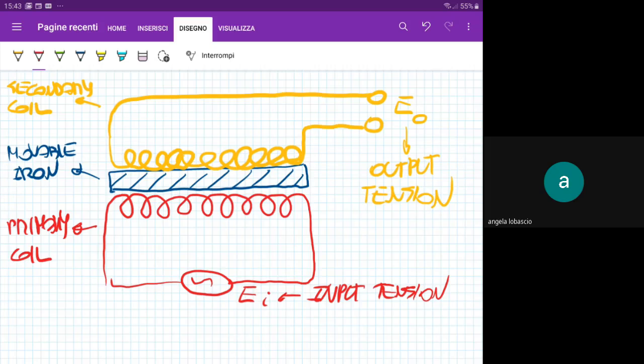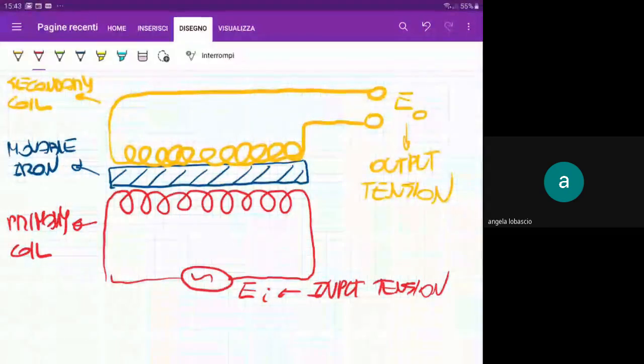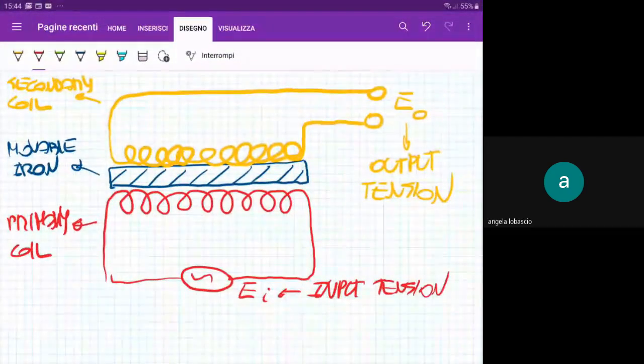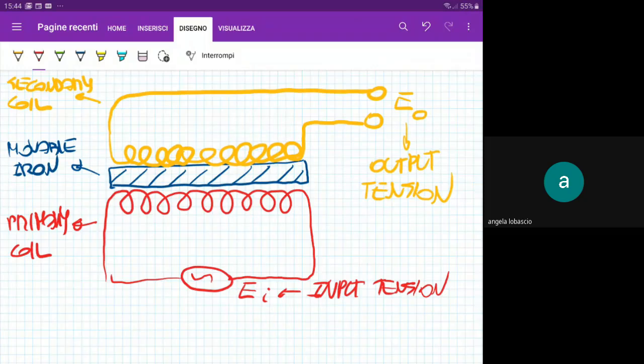So just by measuring the output tension, we measure how much voltage is energized by the primary coil into the secondary coil, and therefore we have a measure of the position.